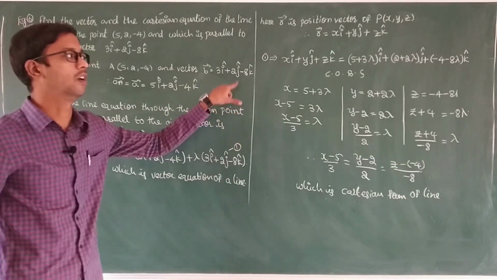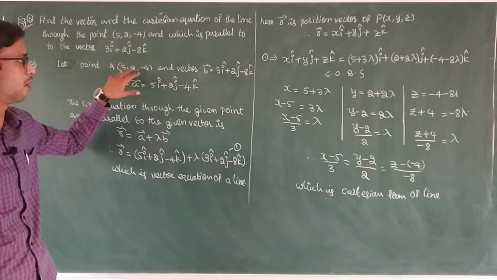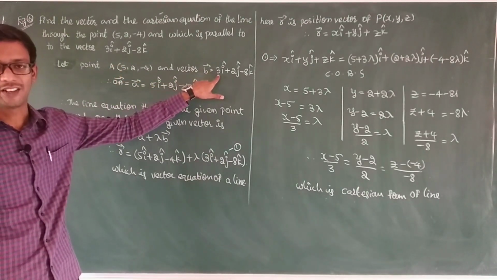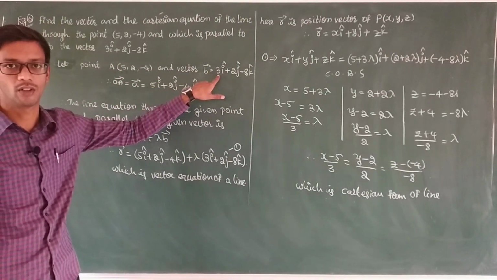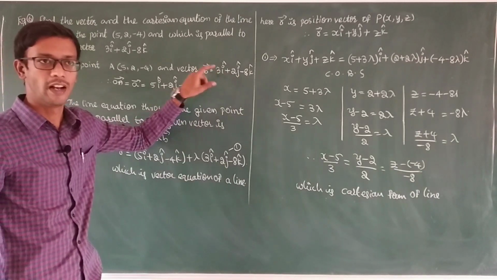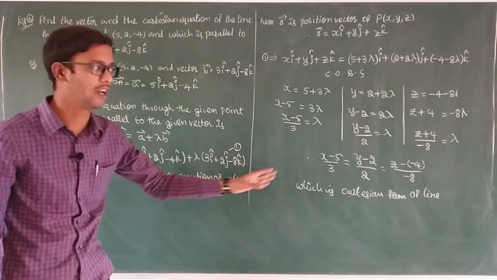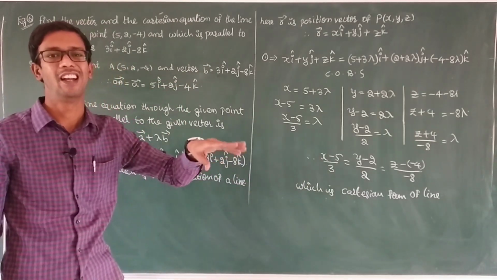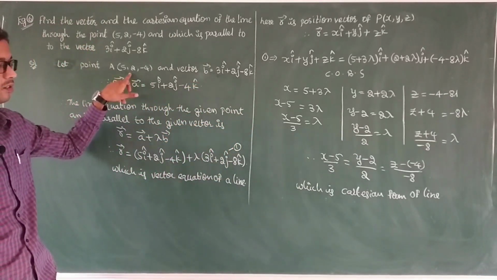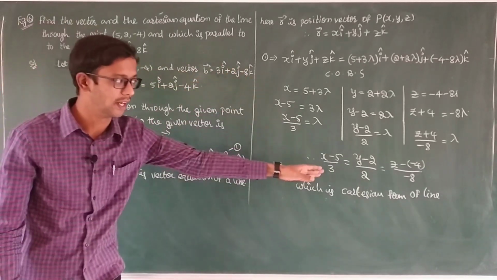Directly also you can write, no need to do this whole thing. x minus x1, the point is 5, divided by the direction ratios or direction cosines, 3. Direction cosines are also given, and the formula is the same, it won't change: l, m, n divided by l, m, n. So x minus 5 by 3, y minus 2 by 2, z minus of minus 4 by minus 8.